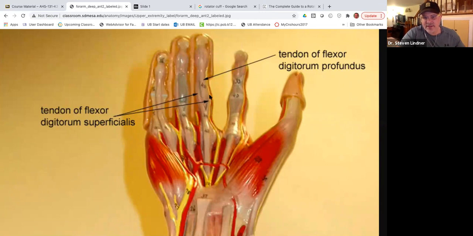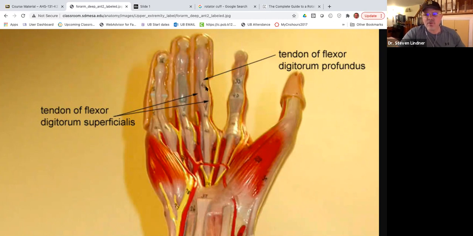It creates a tunnel. It does that for all the digits, 2, 3, 4, and 5. Through that split or tunnel comes the deeper one, which is the tendon of the flexor digitorum profundus. That one goes right through it, and its final destination is at the distal phalanx.